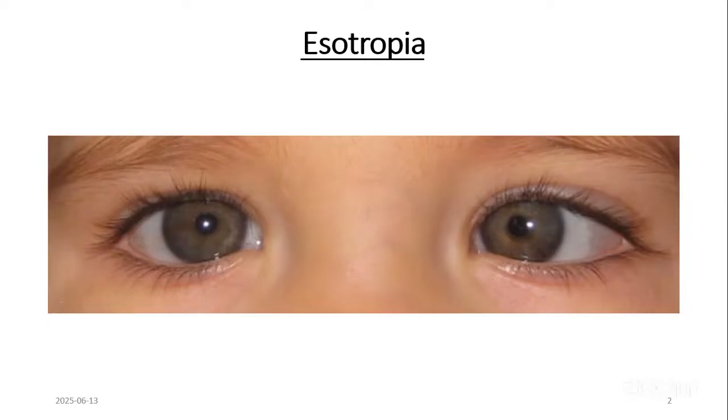Also, we have sensory esotropia, and AACE, which is acute acquired comitant esotropia. In incomitant esotropia, we have paralytic, like 6th nerve palsy, or restrictive, like heavy eye syndrome and esotropic Duane retraction syndrome.